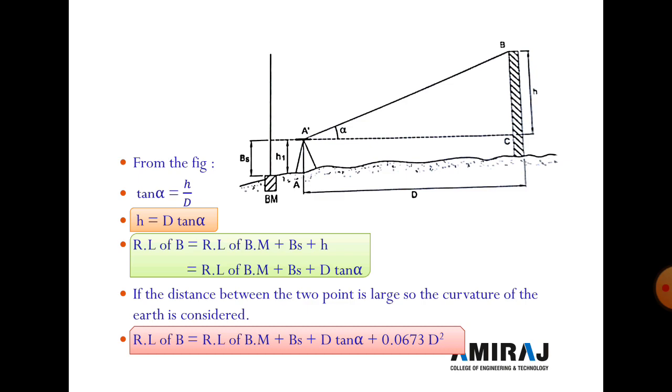So simply h is equal to D tan alpha. Clear?